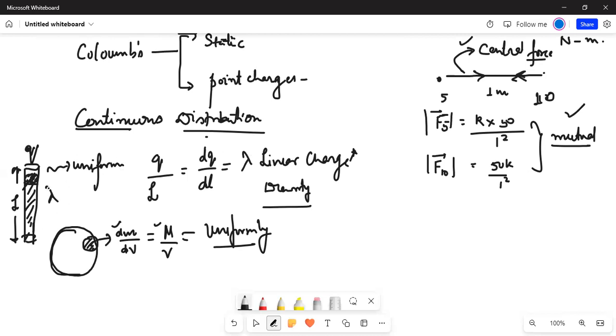So now there would be a problem. Let's say this is your rod of length L. Now don't consider this width. I'm just right now concentrating on something, okay, it looks as if it is a sort of cylinder.